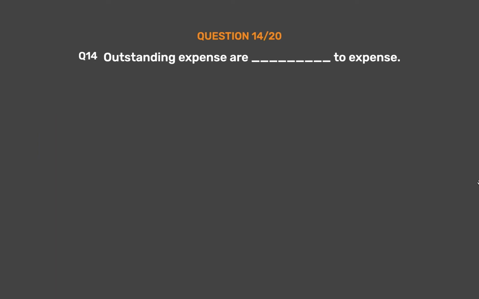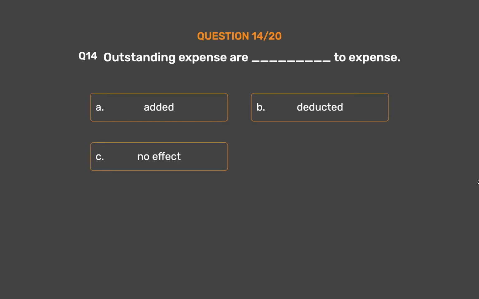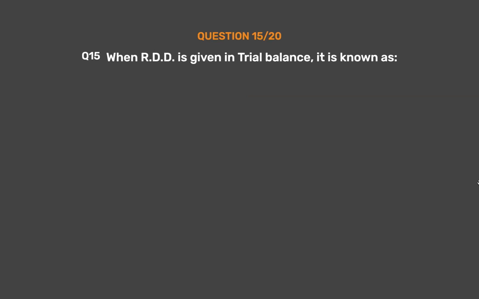Question number 14. Outstanding expense are underscore to expense. Option A, added. Option B, deducted. Option C, no effect. Option D, none. The correct answer is option A, added. Question number 15.